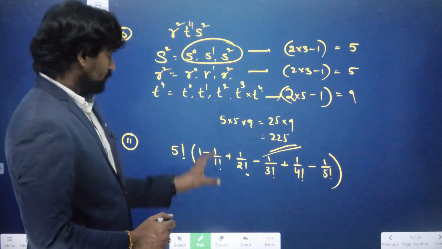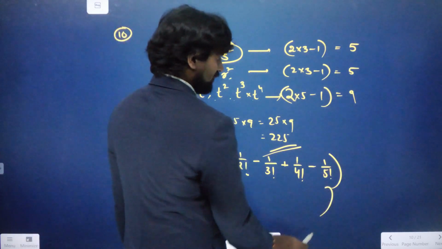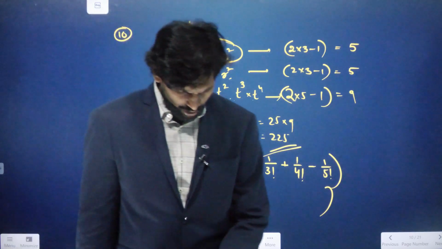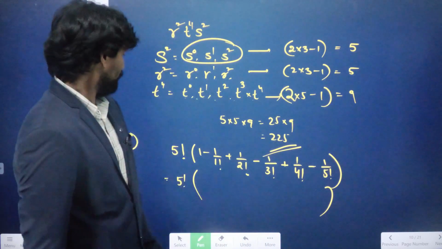Okay? So this is the wrong way of arrangement of 5 letters in 5 envelopes. Okay, let us check this one.